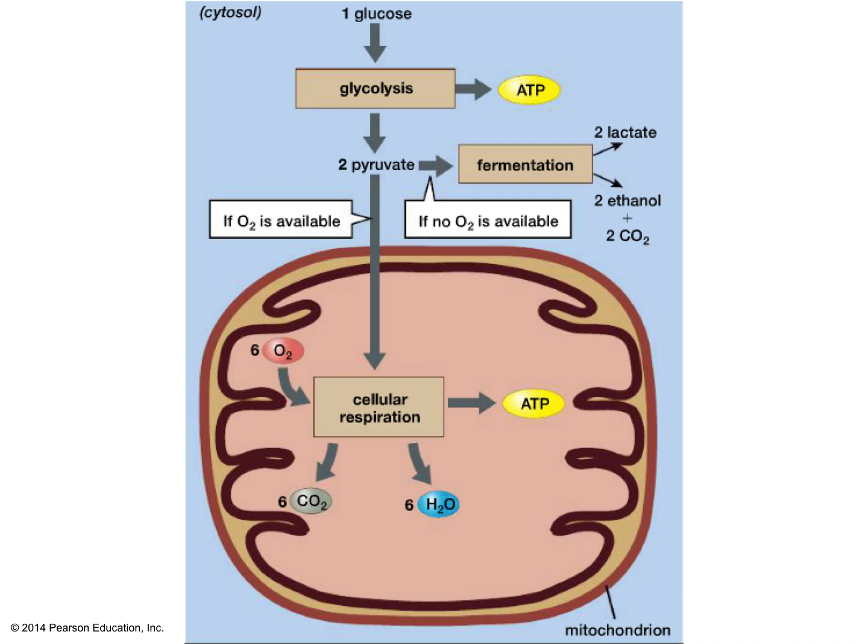But glycolysis occurs in the cytosol, outside of the mitochondria, and so we just call it glycolysis all by itself. Glycolysis can occur with oxygen and it can occur without oxygen. But cellular respiration can only occur with oxygen.